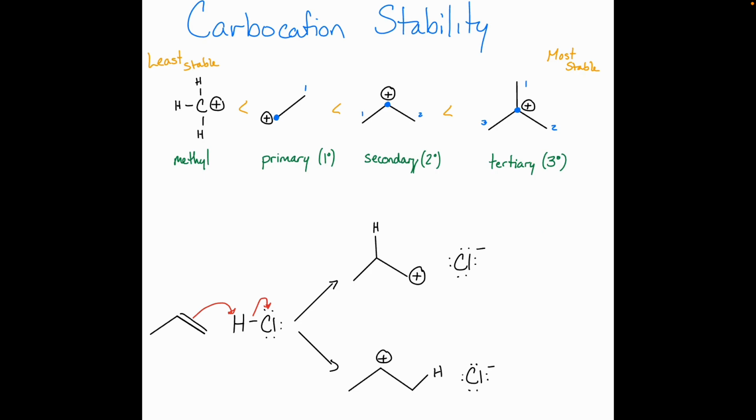Depending on which carbocation formed, I would get different products, right? If I took the path on the top, I would get this product, where the chlorine is on that very first carbon and the hydrogen is on the second carbon.